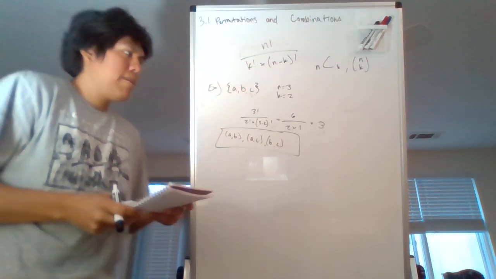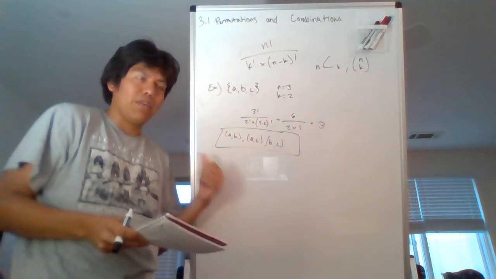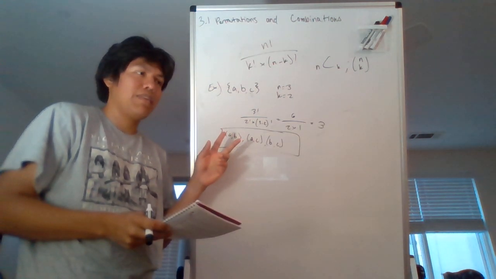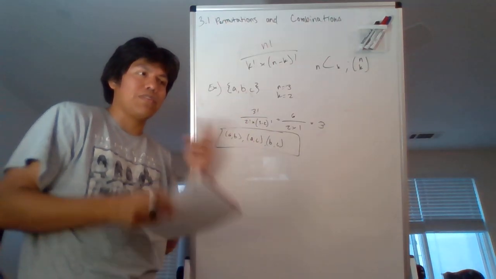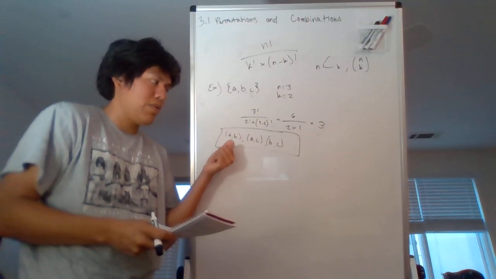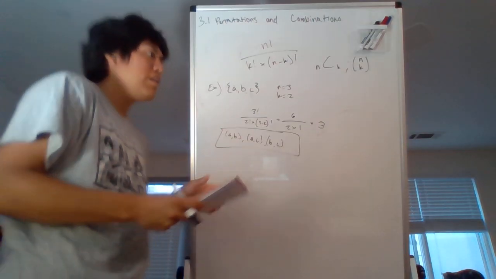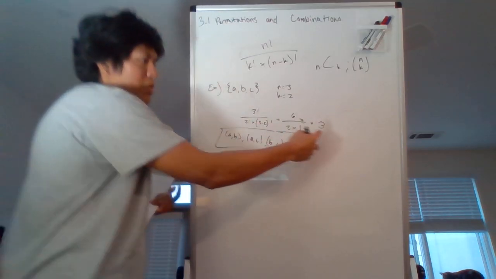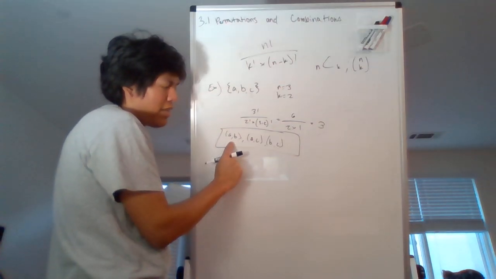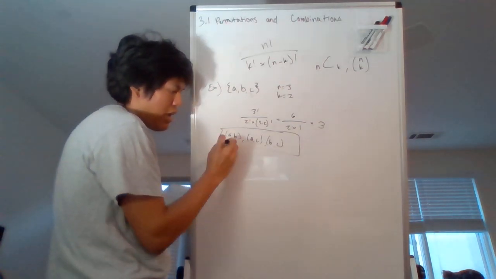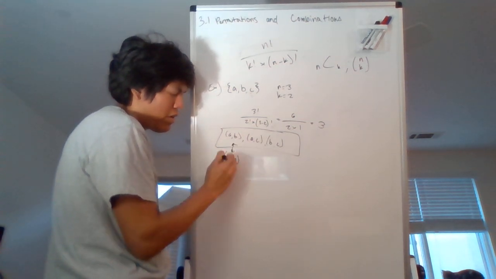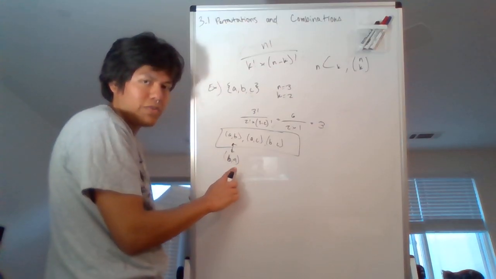Now, in permutations, you remember me talking about how these 2 A's are the same, so it doesn't matter which order they go in, they're still different permutations. Here, the order of the elements in each subset does not matter. The reason it's 3 is because you can't say that the subset A and B and the subset B and A are different things. These do not count as 2 separate subsets.